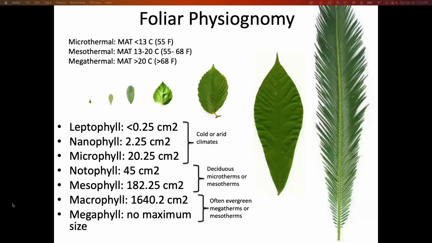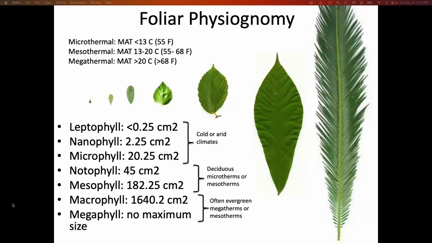Next, we have what's called a mesophyll, a middle-sized leaf, meso means middle. We might expect that in a subtropical deciduous forest or a temperate deciduous forest with warmer climates, like a warm temperate zone, very much like Tennessee. That, in fact, is a slippery elm leaf.